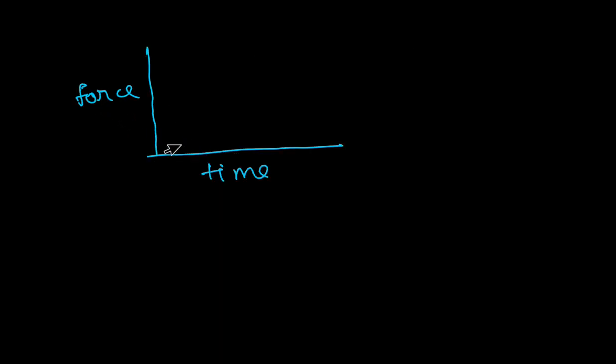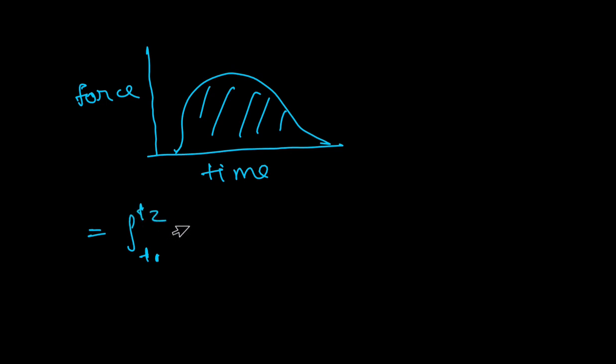In a force versus time graph, this area is given by integration t1 to t2 f dt, and this is equal to impulse. So impulse is given by the area under force versus time graph.